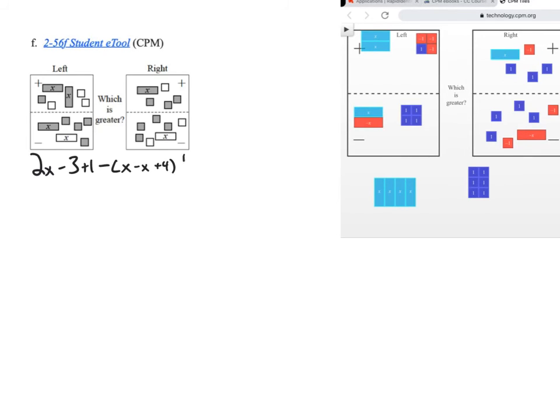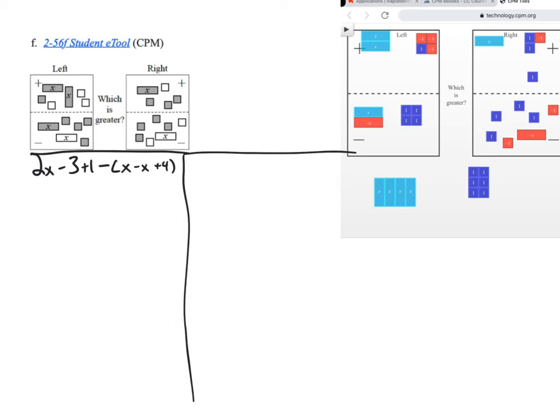Then on the right side, I've got a positive x in the positive region, I've got a negative 1 in the positive region, and I've got a positive 3 in the positive region. Then in the opposite region, I've got a negative x, so this is all inside of that parentheses. I've got a positive 4 cubes, and I've got a negative 2 cubes.